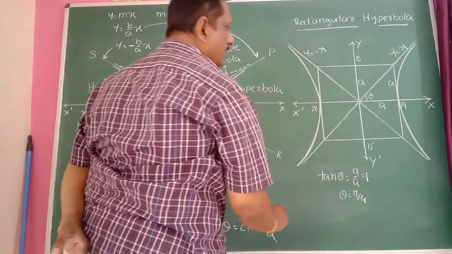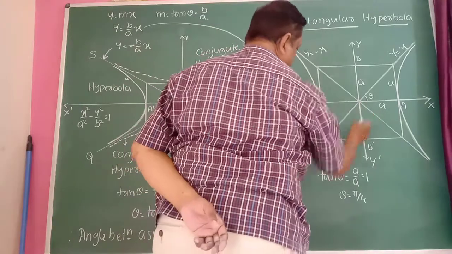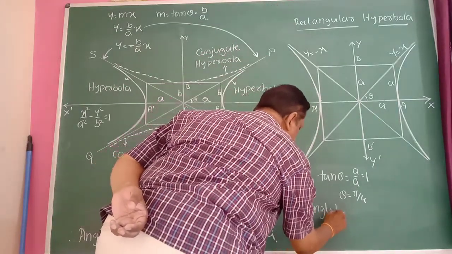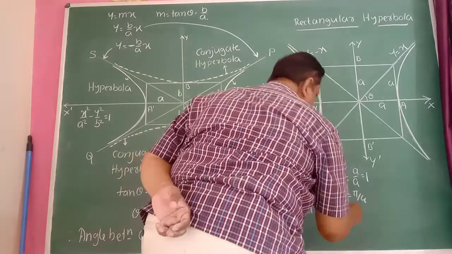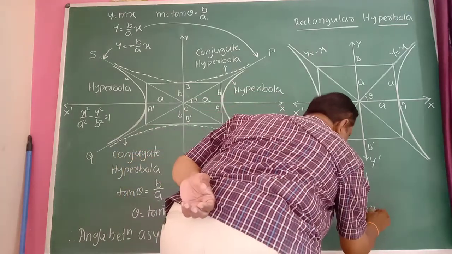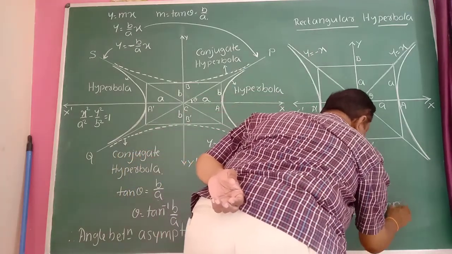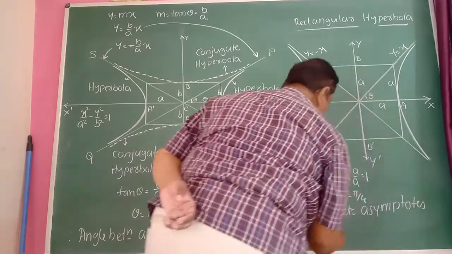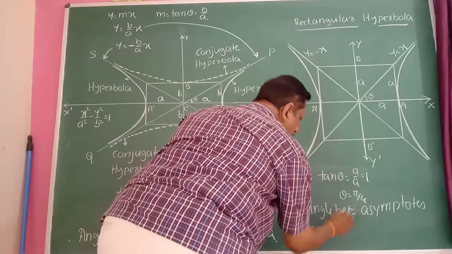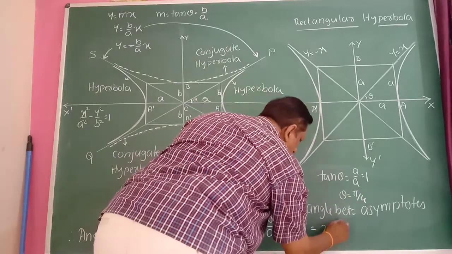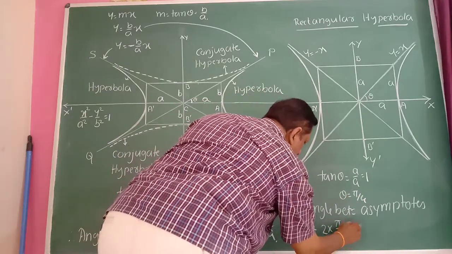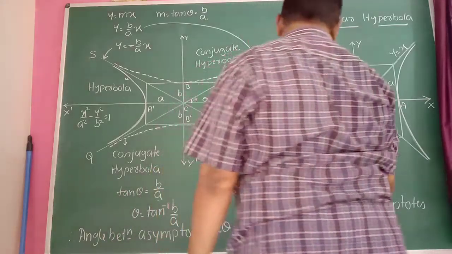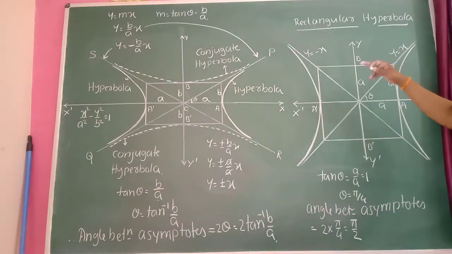The angle between the asymptotes in this case is equal to 2 into pi by 4. 2 into pi by 4 is pi by 2. Pi by 2 means 90 degrees. It is a rectangular hyperbola.